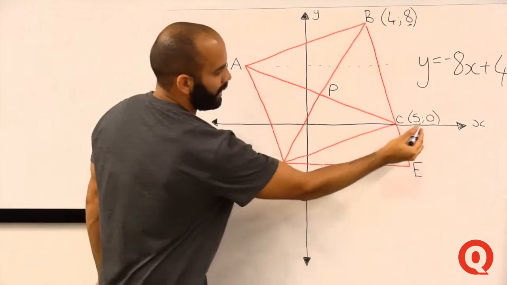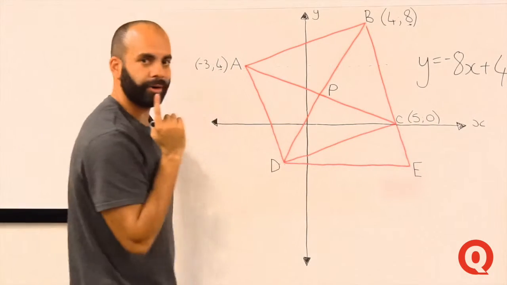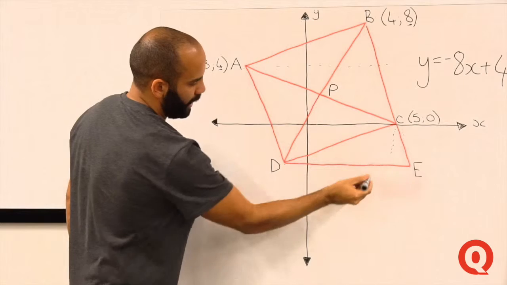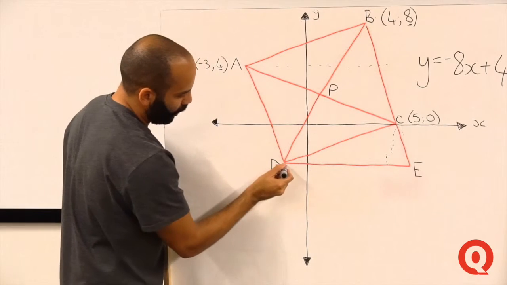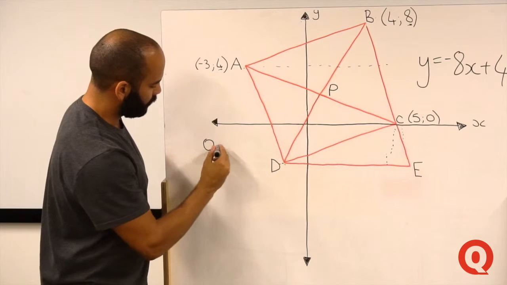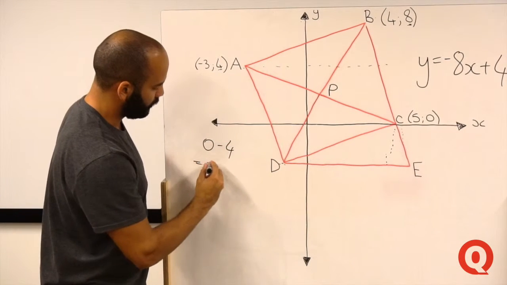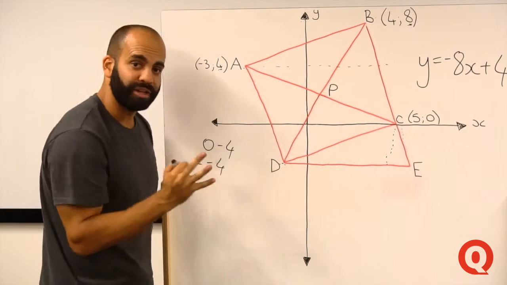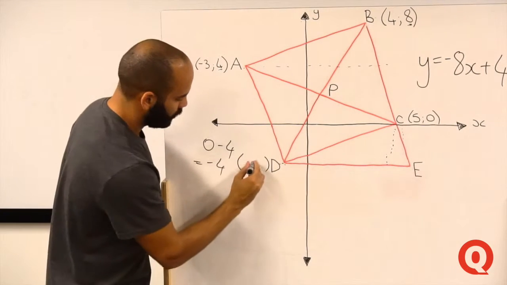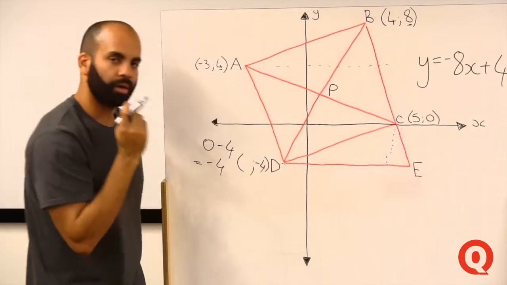If I'm sitting at a y value of 0, and I move 4 units down, I would lie on the same line as D. So I would have 0 minus 4, which would be minus 4. So the y coordinate for D would be minus 4.